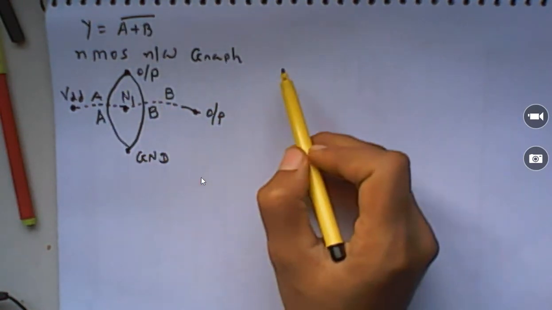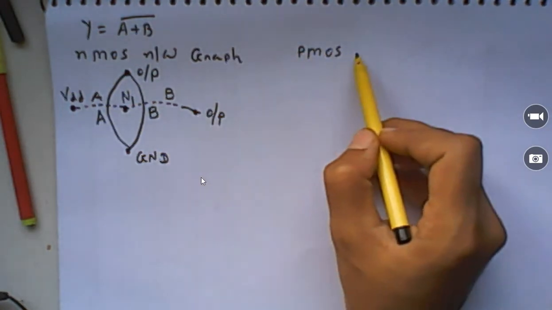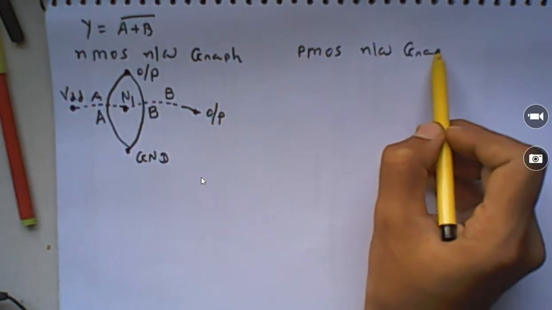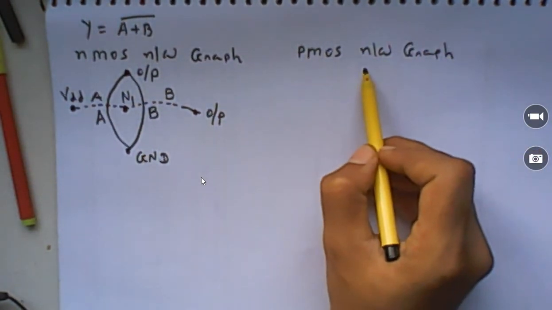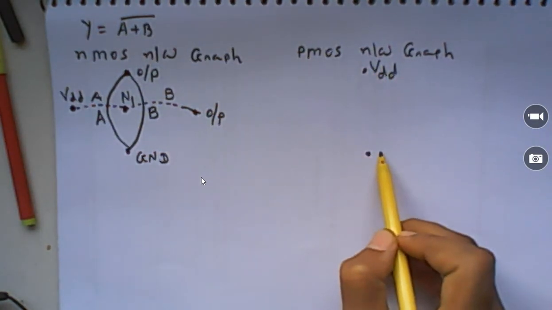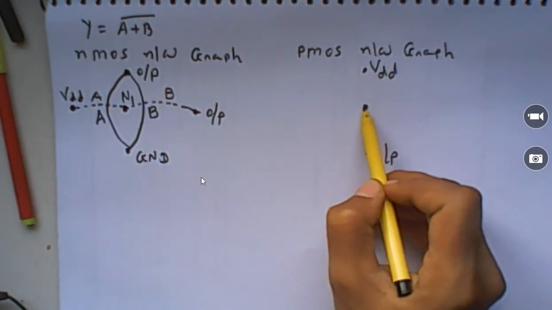So if we see the PMOSFET graph, let me take it from this PMOSFET network graph. Between VDD and the output, we have the intermediate node N1.